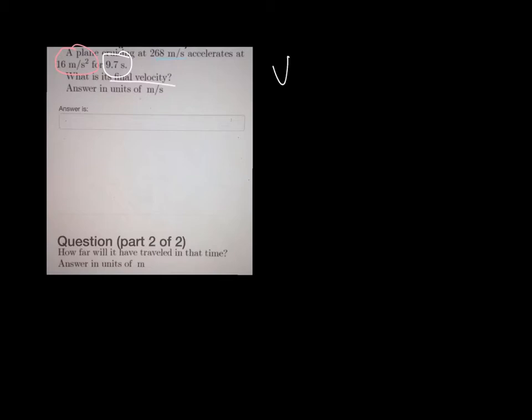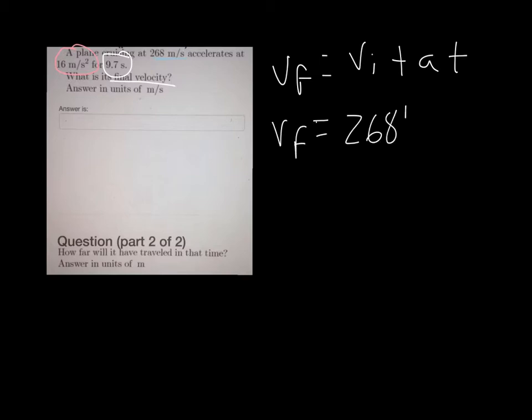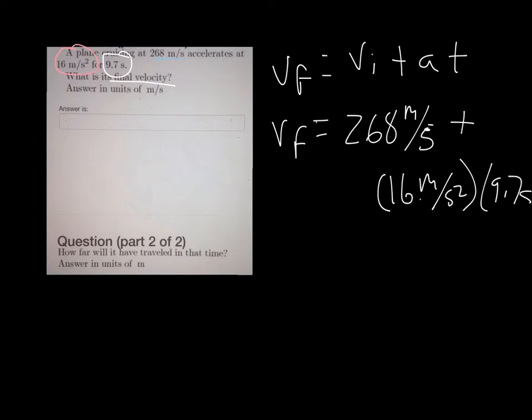We're going to use the equation VF is equal to VI plus AT. So VF will be 268 meters per second plus your acceleration, which is going to be 16 meters per second squared, times your time of 9.7 seconds.